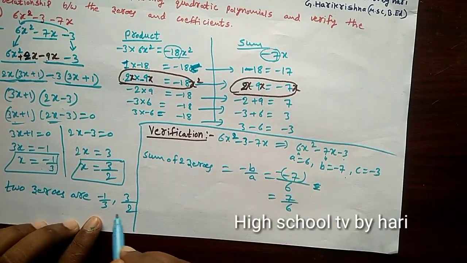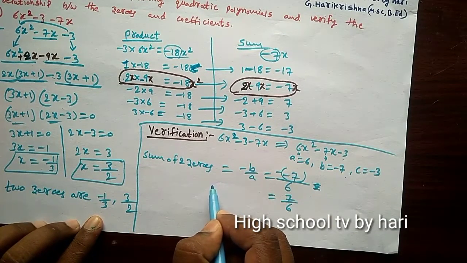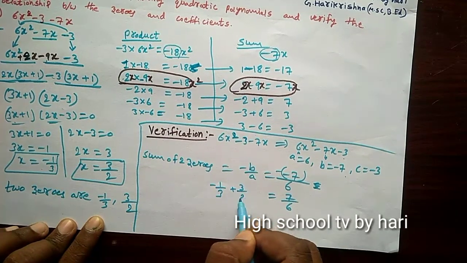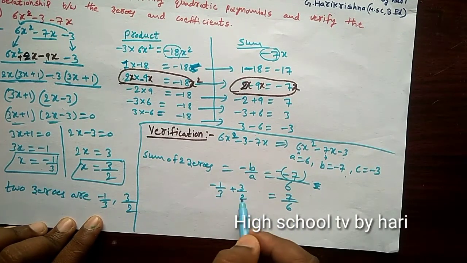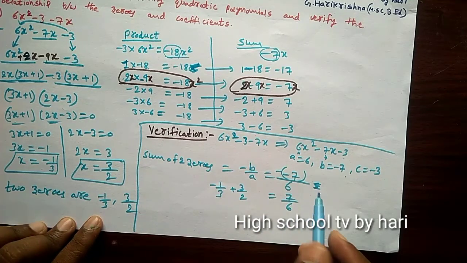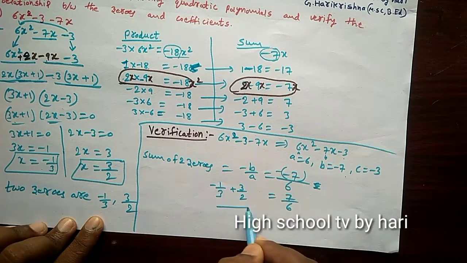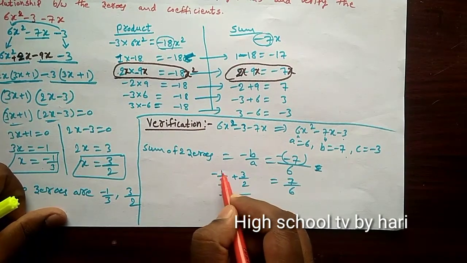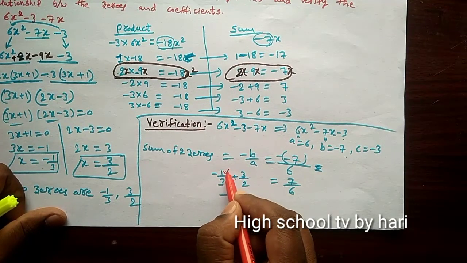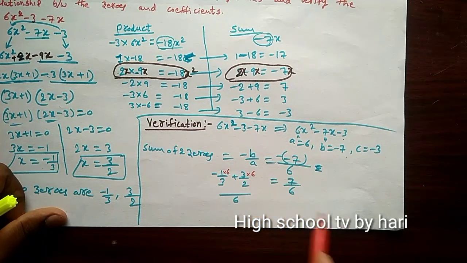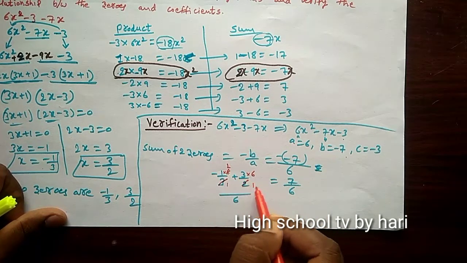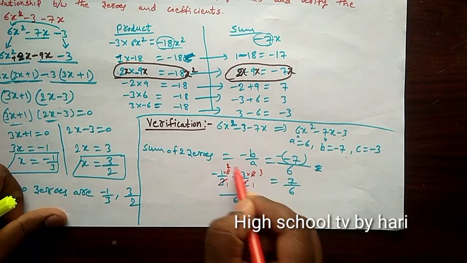By adding the sum of the two zeros, sum means addition only, no? Minus 1 by 3 plus 3 by 2. So the LCM of 3 and 2 is 6. 6 is the LCM. Write it in the denominator and multiply 6 in both numerators, into 6 into 6, and cancel this 3 ones, 3 2s, 2 ones, 2 3s.